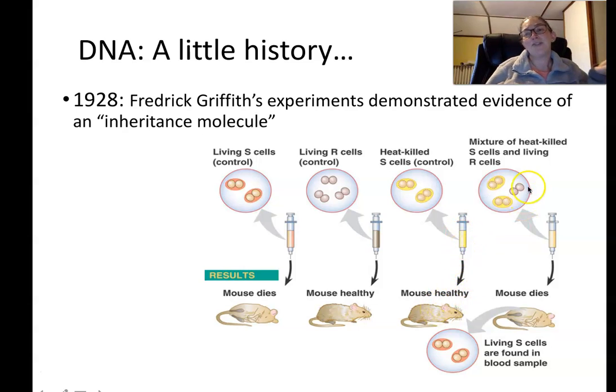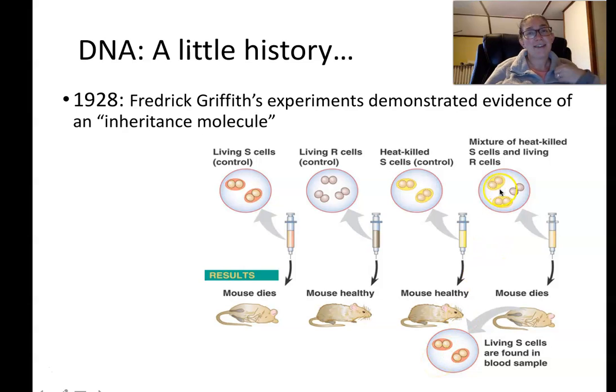But then this really interesting thing happened. If he took those dead S cells, which don't kill a mouse, and those R cells, which don't kill a mouse, and mixed them together and injected them, the mouse would get sick and die. And when he opened up the mouse to get a culture of the bacteria, he found live S cells.